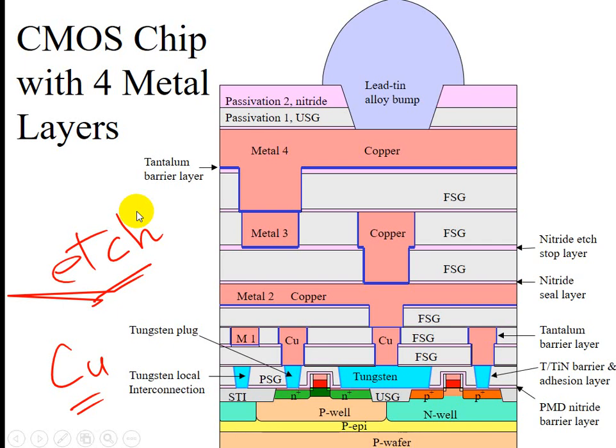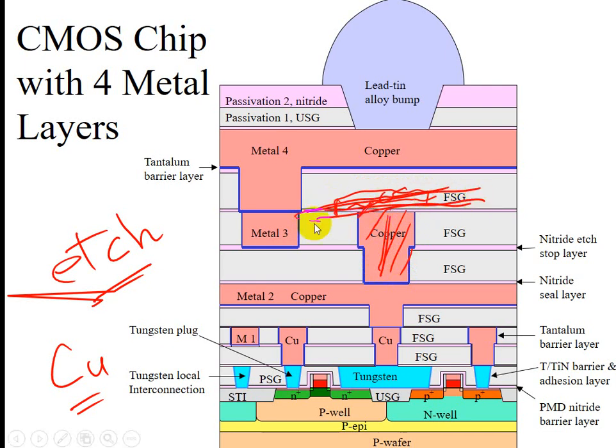So that's why copper uses the so-called damascene process, using the electroplating method to fill up the structure. It looks like 2 layers of copper together, and you have excess copper after electroplating, and then polishing, grinding and polishing away.